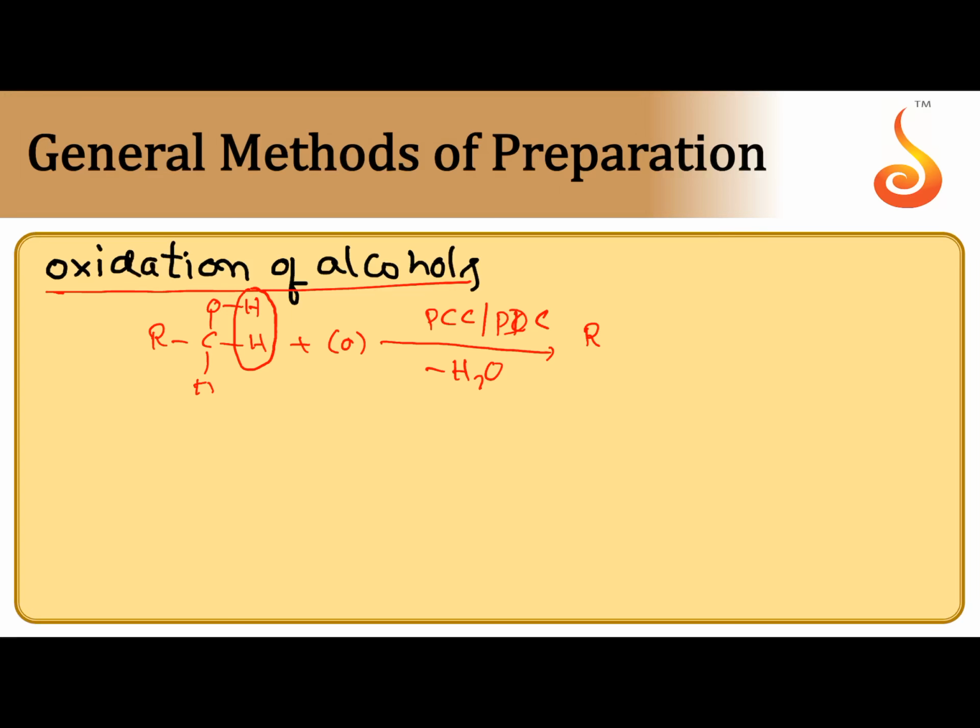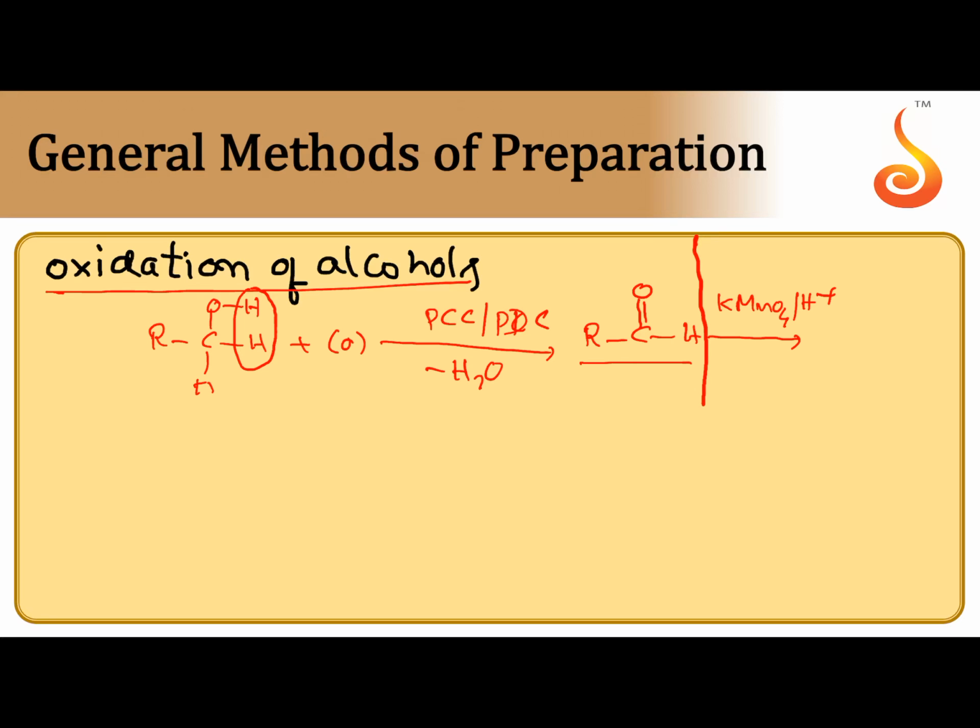So removal of hydrogen or addition of oxygen is called oxidation. Between C and O, a double bond is created. This is an aldehyde. If PCC or PDC is used, the reaction is stopped with the formation of aldehyde only.